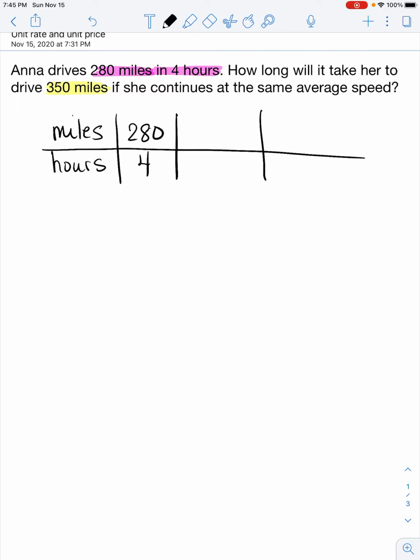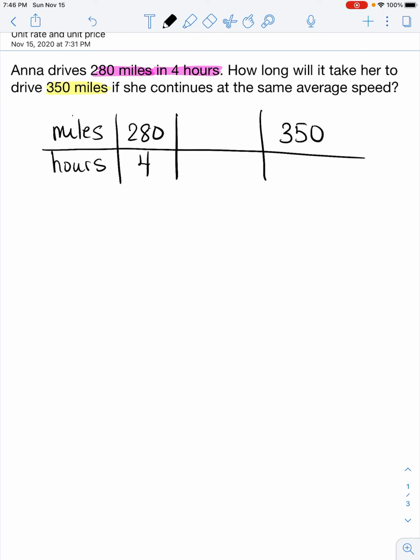So let's take a look. We're looking for a relationship between 280 miles and 350 miles because that's the information we have. And unfortunately, I don't see a relationship between 280 and 350.